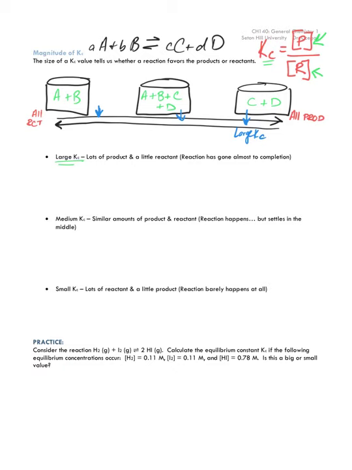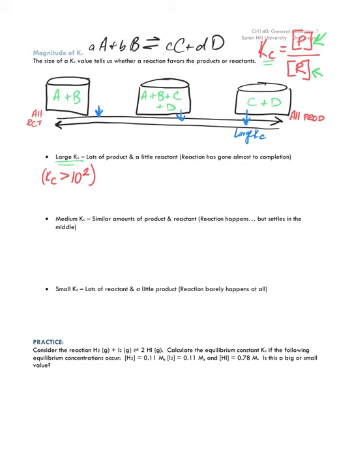Now these aren't perfect ranges, these are general ranges, but we'd say a large Kc is something in the order of 10 to the second or greater, if we're using scientific notation. So we're looking at something in the hundreds or higher, thousands and up. And these can get really big. They can be 10 to the 20th or something like that. So they can be big.